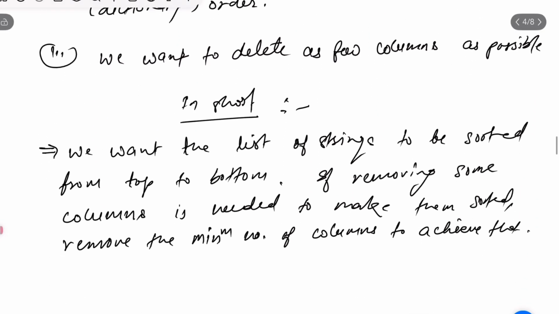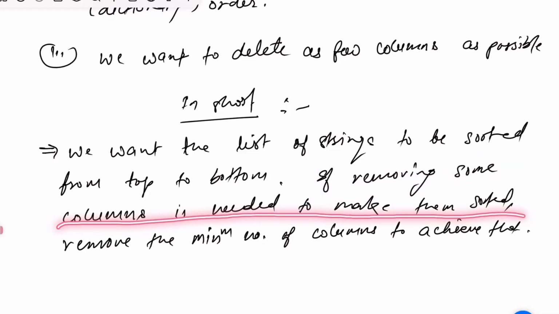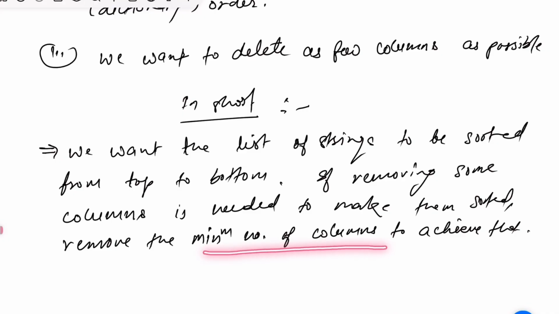So in short, we want the list of strings to be sorted from top to bottom; if removing some columns is needed to make them sorted, remove the minimum number of columns to achieve that. This is what we have to do, guys.